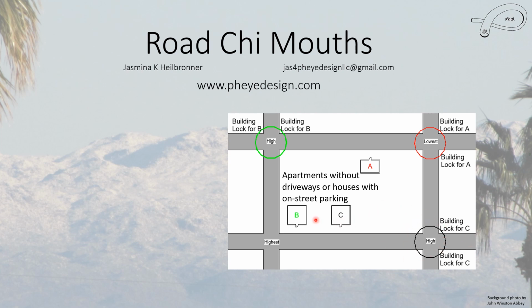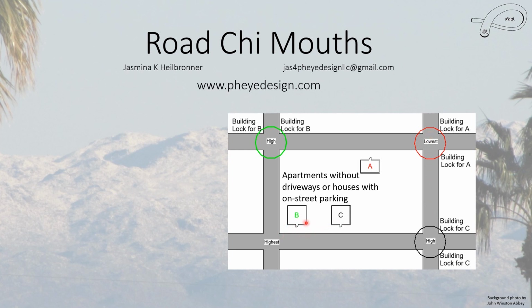For building B, this is a little bit iffy. It may be able to tap into either this corner or this corner. The reason it might be able to tap into this corner is because when we look at chi flow, if we just start with water here, it's going to flow both this way and this way.